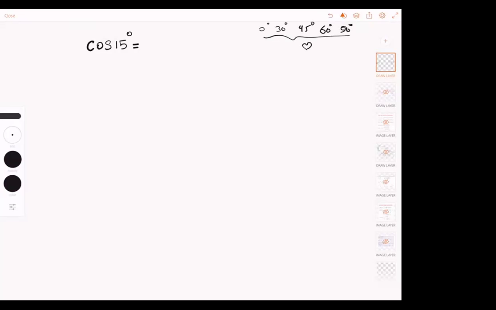You wish I asked you what is cosine of 30 or cosine of 45, but it's not there. I asked you cosine of 15, and the question is exact. That means no calculator. So which formula should I use?